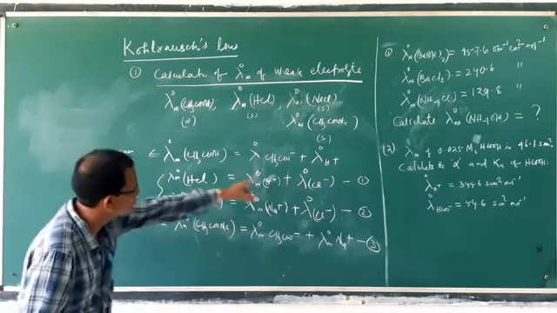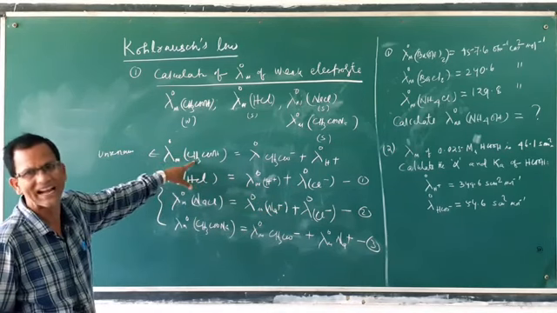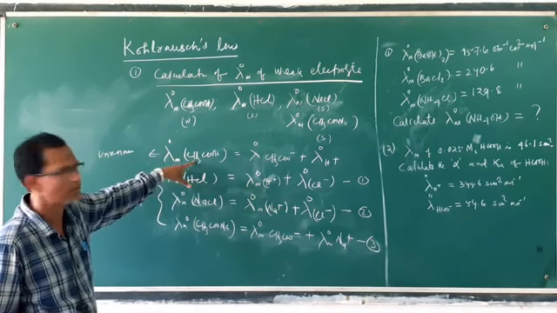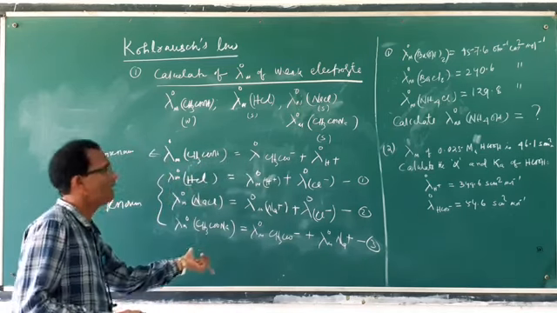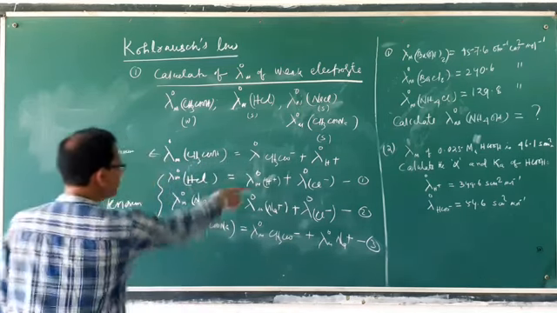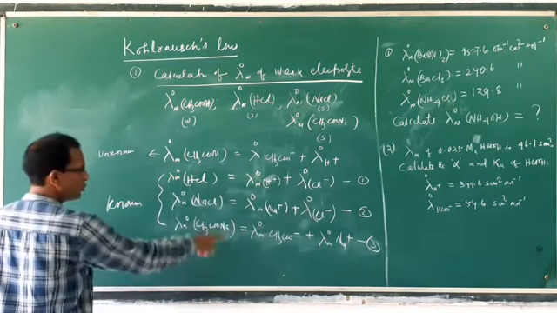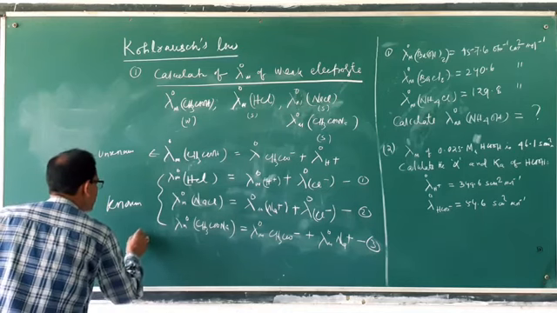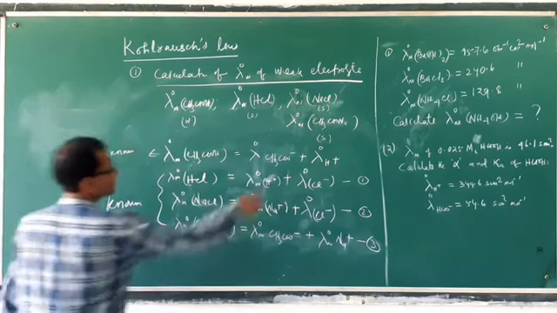You see, from equations 1, 2 and 3 we will get this value, because the weak electrolyte is asked. The weak electrolyte is acetic acid. Which part will be added and which part will be subtracted? As acetate ion is required, equation 3, plus H plus is required.